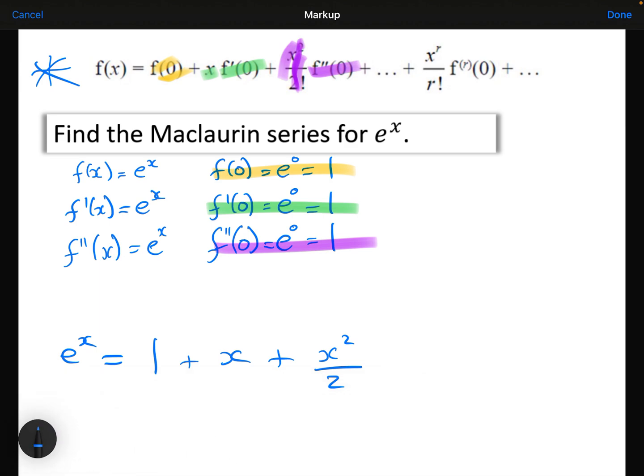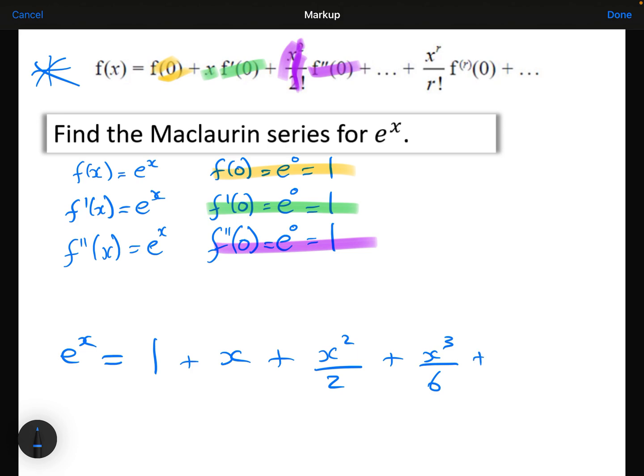And that pattern's going to continue. The next term would be x cubed over 3 factorial, so 3 times 2 times 1, multiplied by f'''(0), which is going to be 1 again in this case.